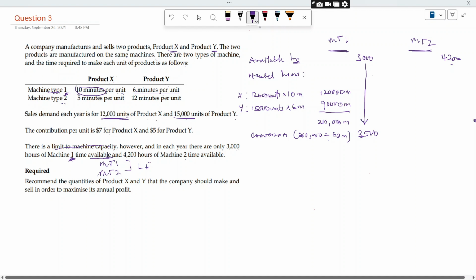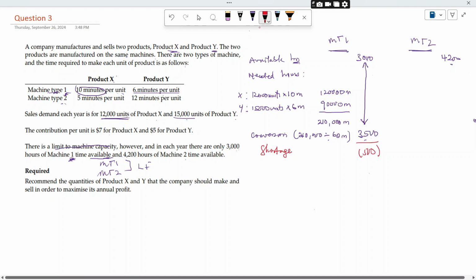Now, we are comparing this to this. So here, you realize that for machine type 1, the computation is that we have available hours of 3,000, but we need 3,500. You need 3,500 to produce X and Y, but what you have available is 3,000. So here there is a shortage of 500.